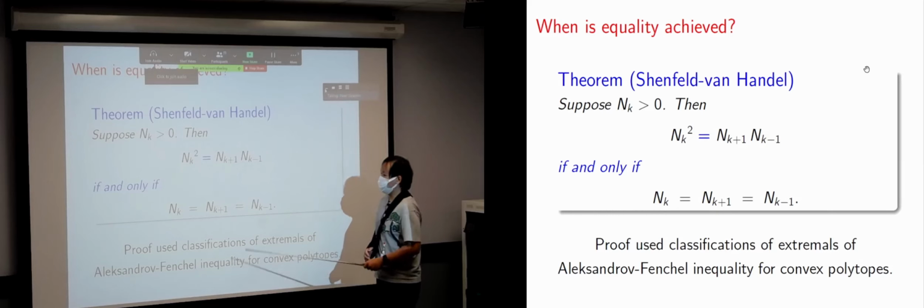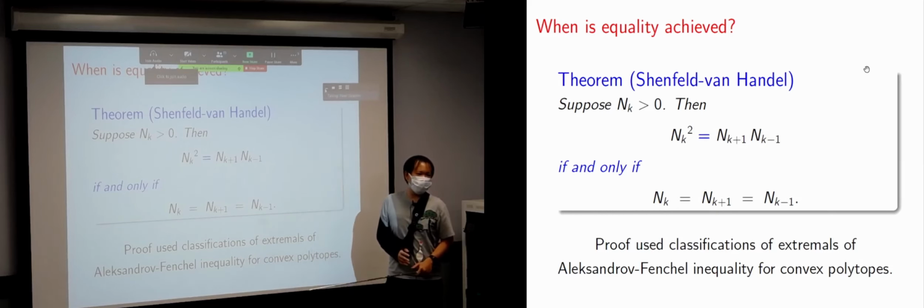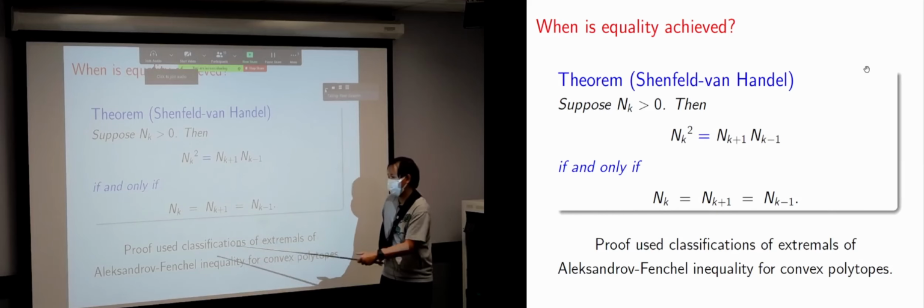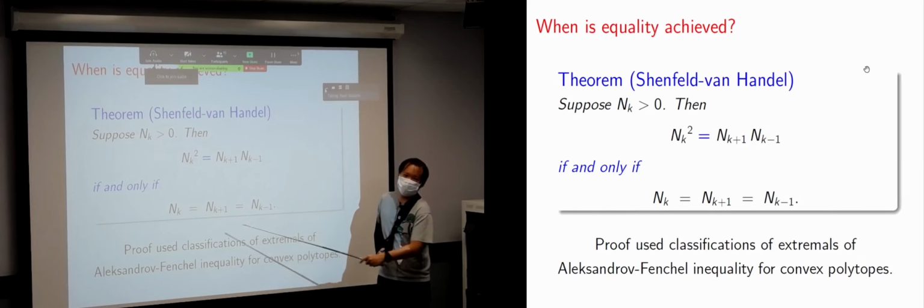How they prove it is that they actually managed to classify, not only for Stanley's inequality, all the extremals of the Alexandrov-Fenchel inequality for all convex polytopes. Then they specialize it to the order polytope, and after some arguments, they managed to get this condition out at the end.